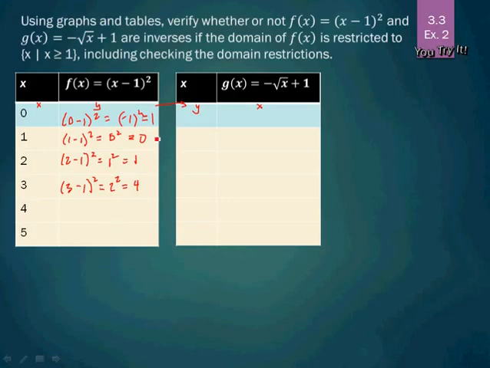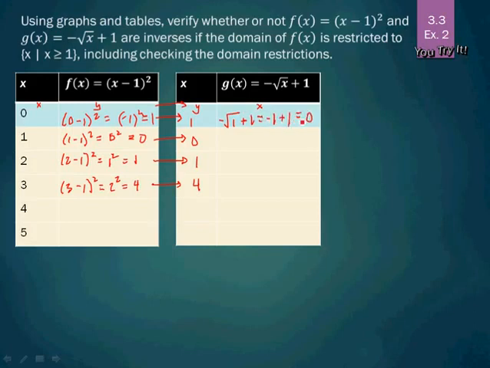Now we take our output from f of x and put it in as our input on g of x. So we have 1, 0, 1, and 4. Plugging into our g of x equation, we get negative square root of 1, plus 1. The square root of 1 is just 1, so that's negative 1 plus 1, which is 0.